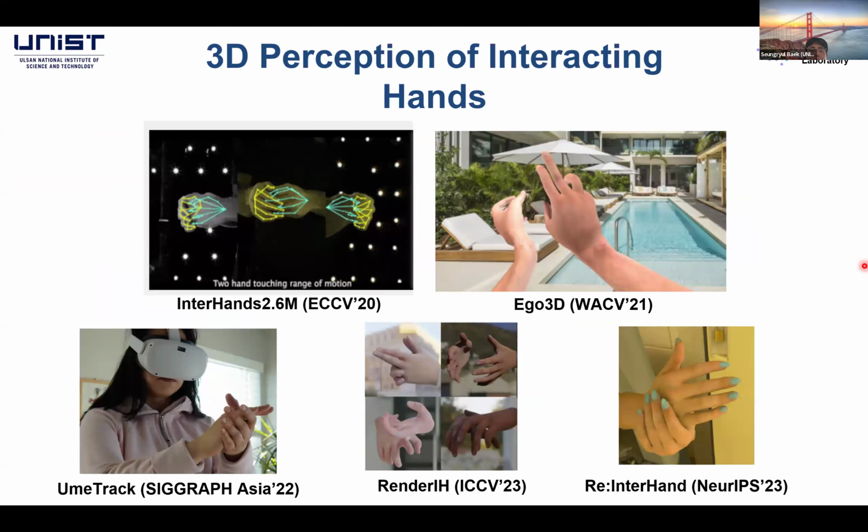And another stream of research was doing hand pose estimation for interacting hands. So for example, a model trained using single hand pose benchmarks is not generalizable to achieving successful hand pose estimation in this type of images. So additional data sets and additional models have to be developed for these scenarios.